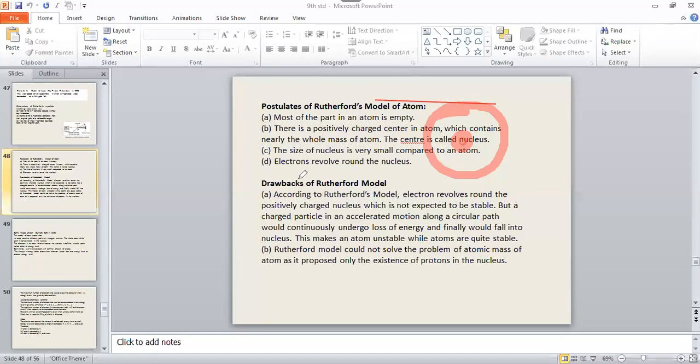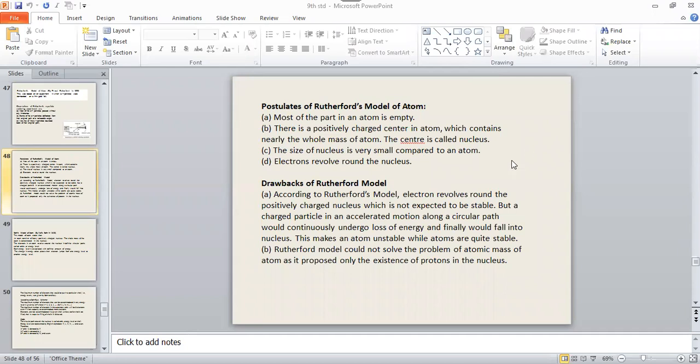Drawbacks of Rutherford's model. According to the Rutherford model, electrons revolve around the positively charged nucleus, which is not expected to be stable, since a charged particle in accelerated motion gives the circular path.